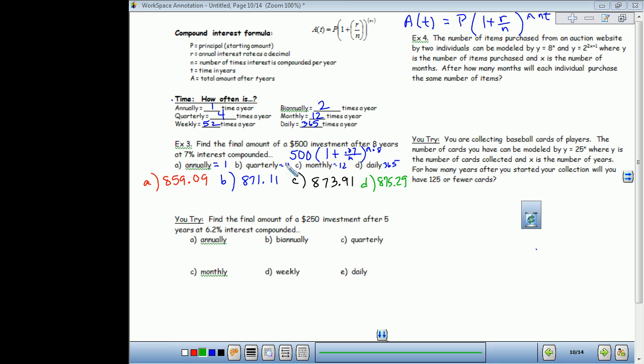Quarterly means 4 different times a year we find the interest, add it back, and then that interest earns interest. 12 times a year is what would happen on monthly. And then 365 would be every day. So there's some for you to try, and on the notes I'll have the answers to those if you want to go ahead and try those.